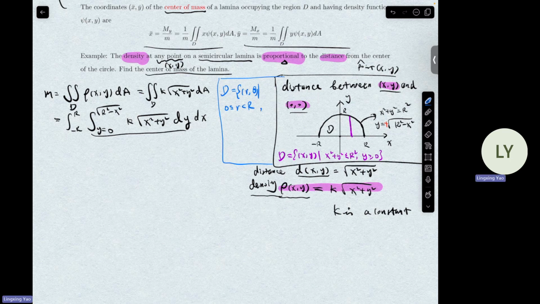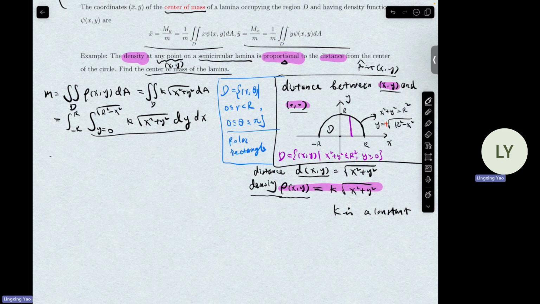And theta is between 0 and pi. So we have this really nice, what do we call it? We call this a polar rectangle, right? So if we convert this double integral into polar coordinates, we will have the lower and upper bounds for both r and theta be constant.